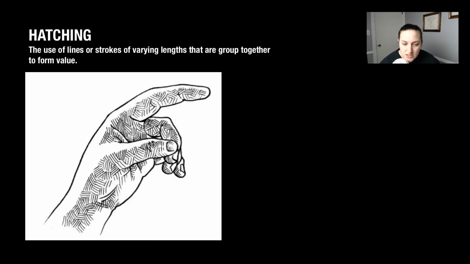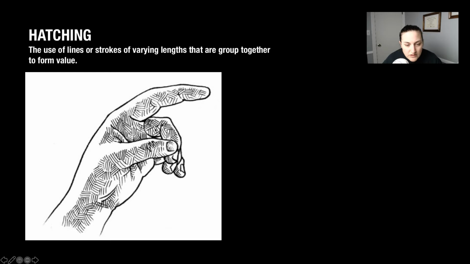The first one is hatching, and that is the use of lines or strokes of varying lengths that are grouped together to form value. Now we'll get into more specific forms of hatching, but this is the most simplistic way of looking at it. We have groups of repetitious strokes together that are being used in different directions to describe the value shape.